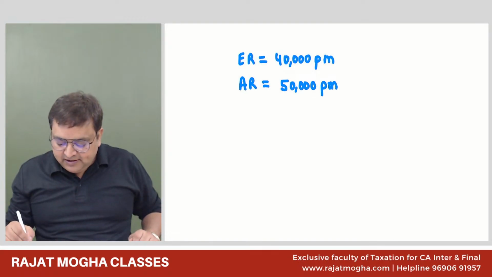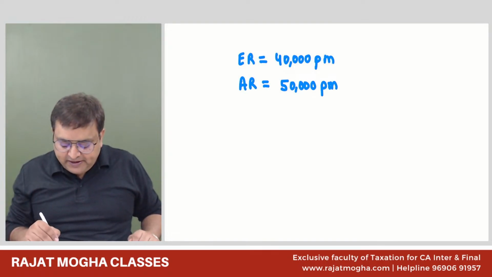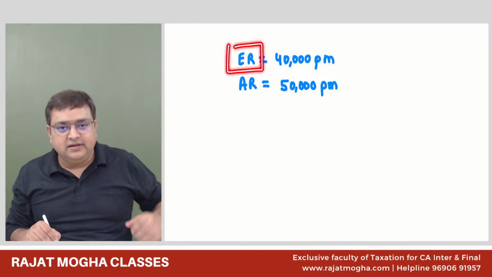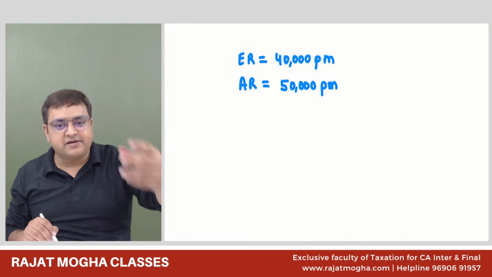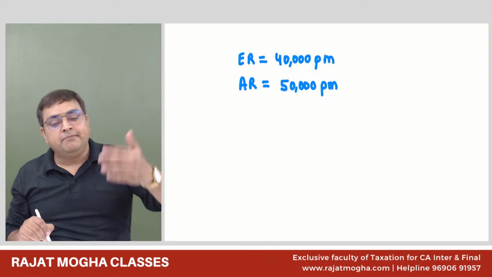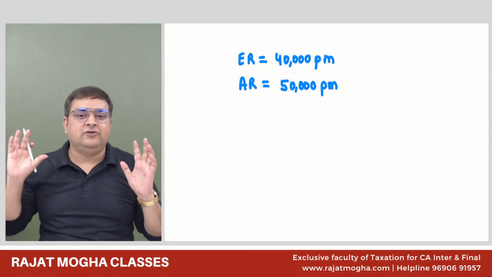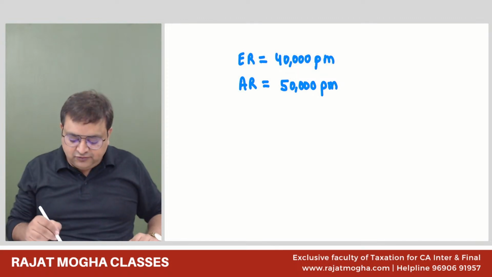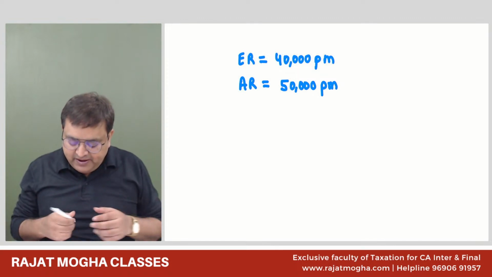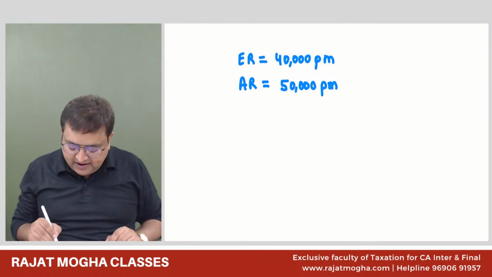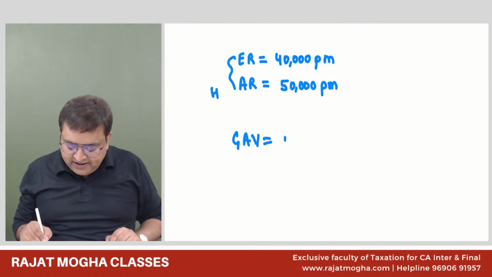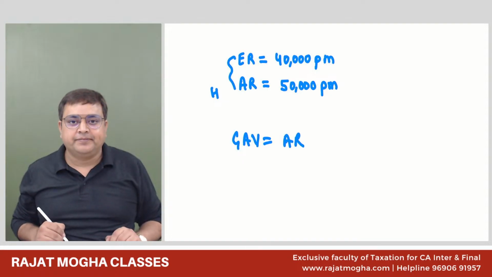Because your property has the capability of generating only 40,000 per month, but the assessee himself is saying, no sir, actually I am getting 50,000, more than the expected rent. So we say your GAV would be the actual rent, whichever is higher. So the assessee is genuine and we will take actual rent over here.